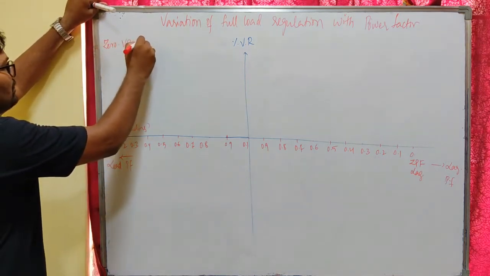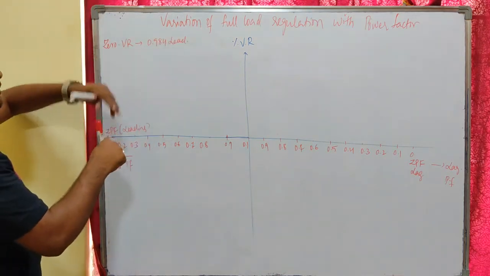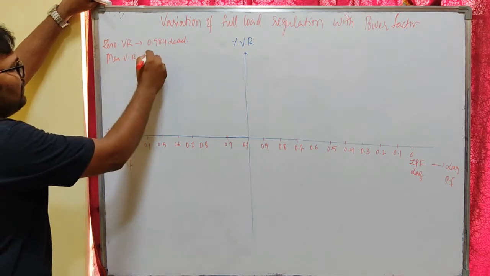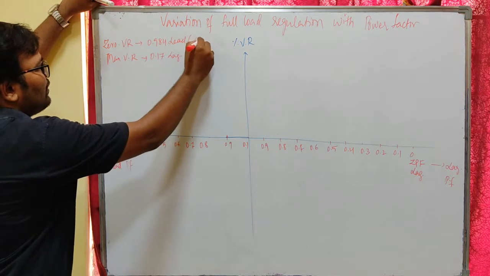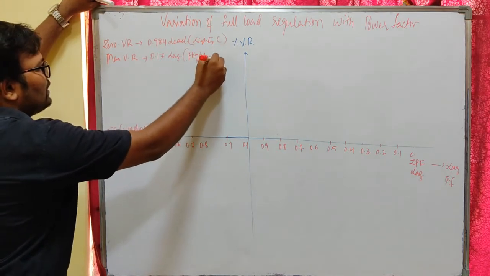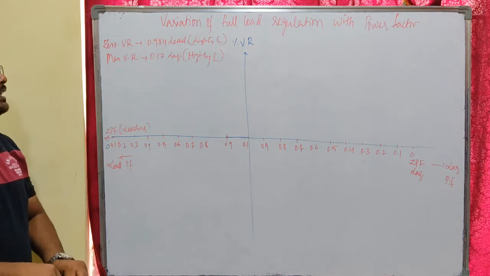Zero voltage regulation is possible at nearly 0.984 leading power factor, that means very lightly capacitive loads, and maximum voltage regulation is possible at 0.17 lagging, that means highly inductive. The load should be highly inductive for maximum voltage regulation.